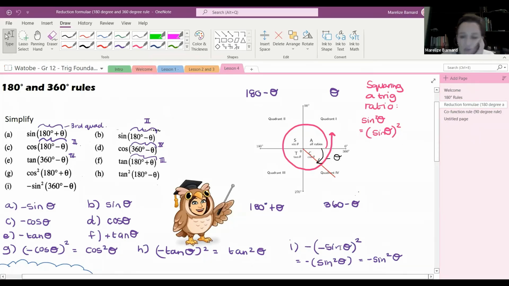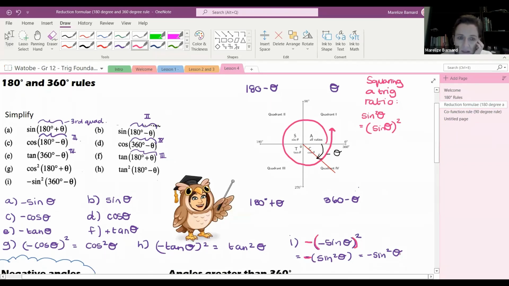But because we are squaring it, that's why I wrote here, there's my negative that comes from the question. And from the reduction, it's negative sine theta. And we're squaring it, so that will make it positive. But it still has that minus in front. So my final answer will be minus sine squared theta.